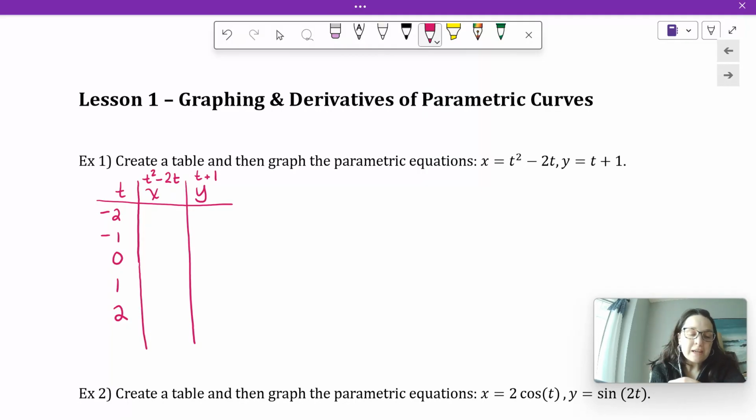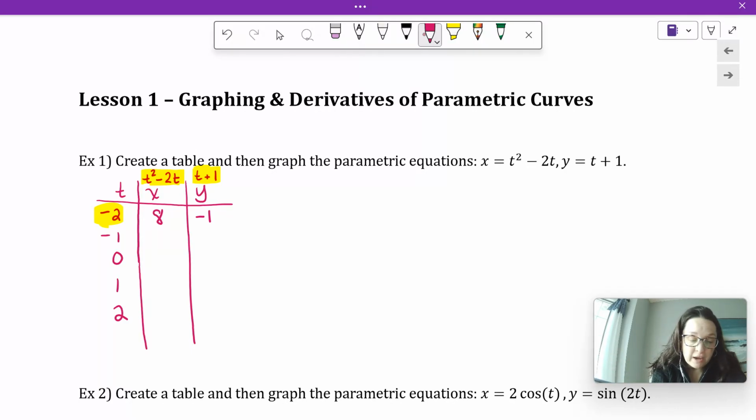So when t equals negative 2, I'm going to plug that negative 2 into the x equation up there and get 4 plus 4, which is 8. And then when I plug negative 2 into the y equation, I'm going to get negative 2 plus 1, which is negative 1. And then I'm just going to do that 4 more times.